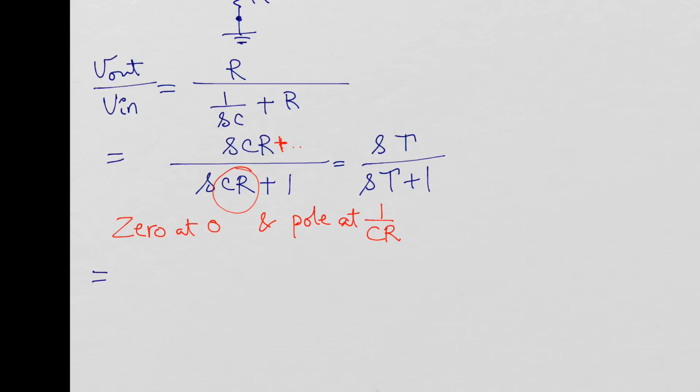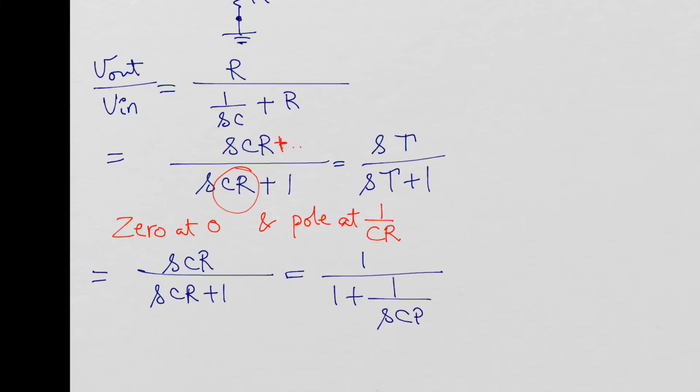If we simplify this further to get the magnitude and the phase, let me write this first: sCR over sCR plus 1. We divide both the numerator and the denominator by sCR, so we get 1 over 1 plus 1 over sCR.